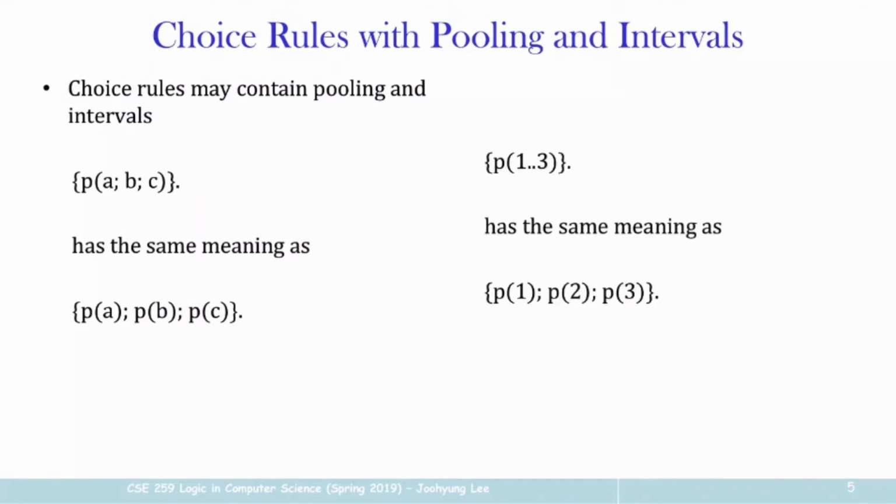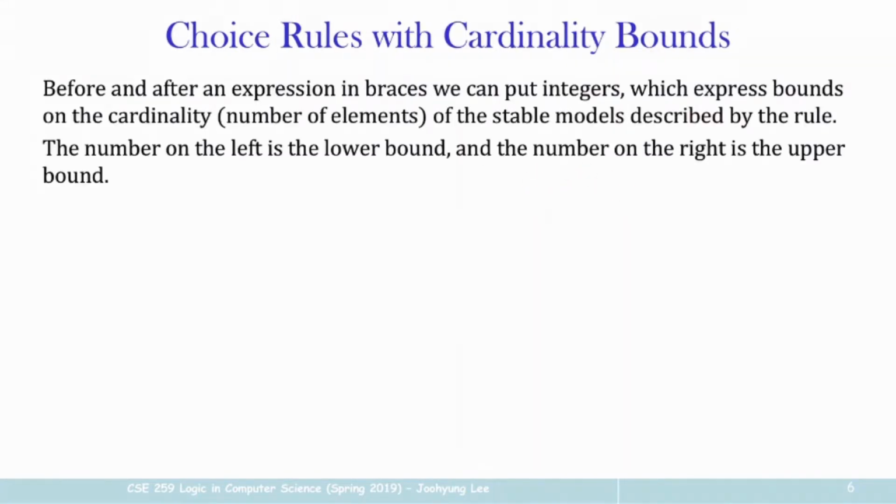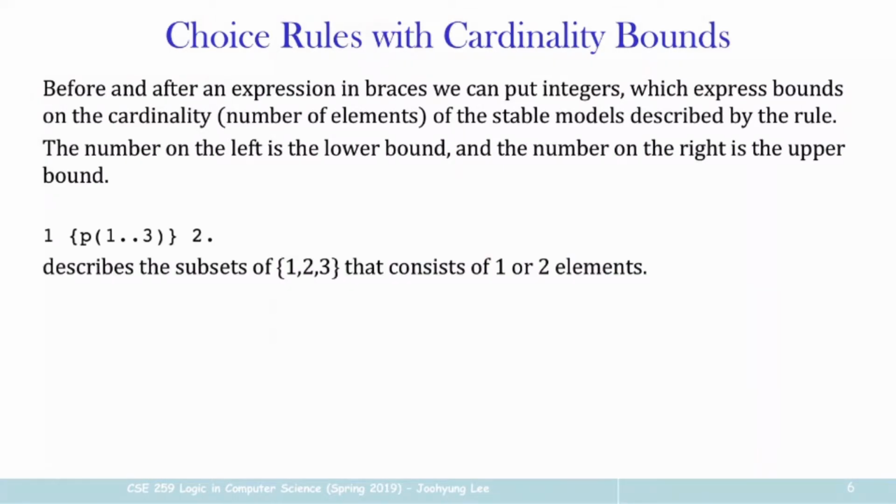We also looked at pooling and intervals to write choice rules more succinctly. For pooling, you can use the semicolon separated list, or you can use an interval if these happen to be numbers. And you can also write the cardinality bounds in the choice rule.